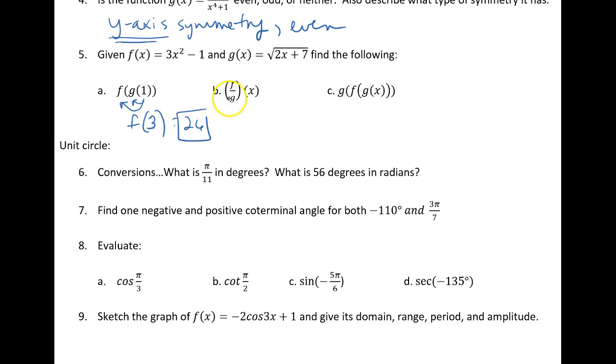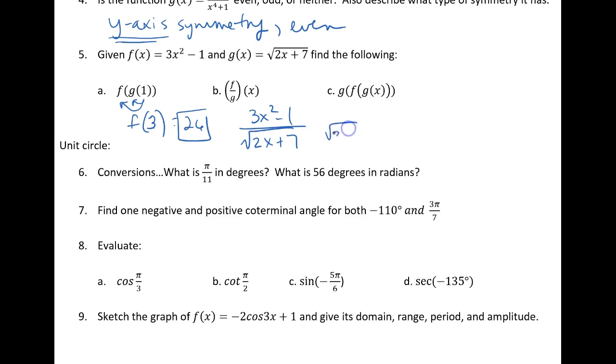Okay, f over g. To do f over g, all that you are going to do is literally write f over g. Now the kicker here is that you have to be careful with your denominator because remember, you do not want this to be undefined. It's also a square root, so you don't want it to be negative. So out to the side, I'm going to do a little bit of work here.